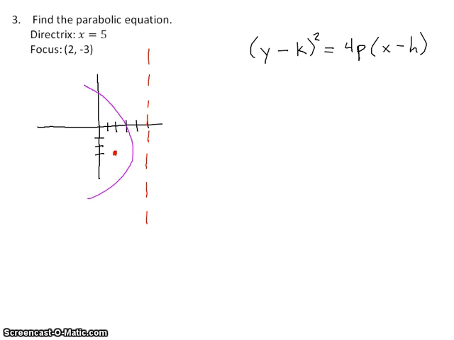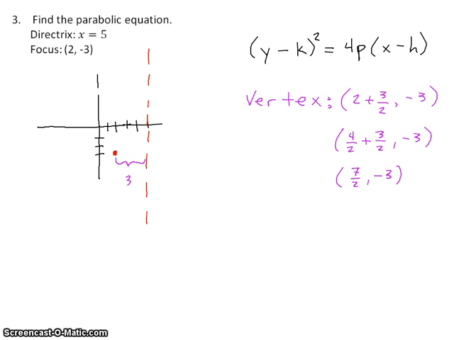Let's go ahead and figure out the distance from the focus to the directrix. The midpoint of that will be the vertex of the parabola. So what I've done here is I've found that the distance from 2 to 5 is 3, and half of that is 3 over 2.